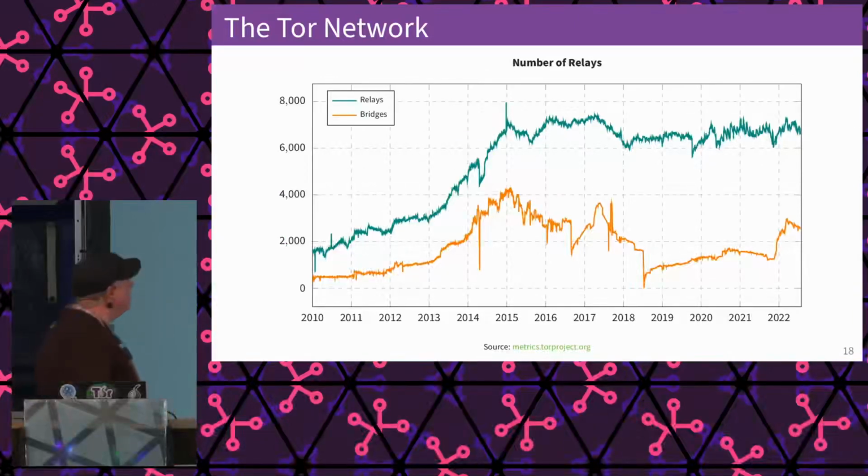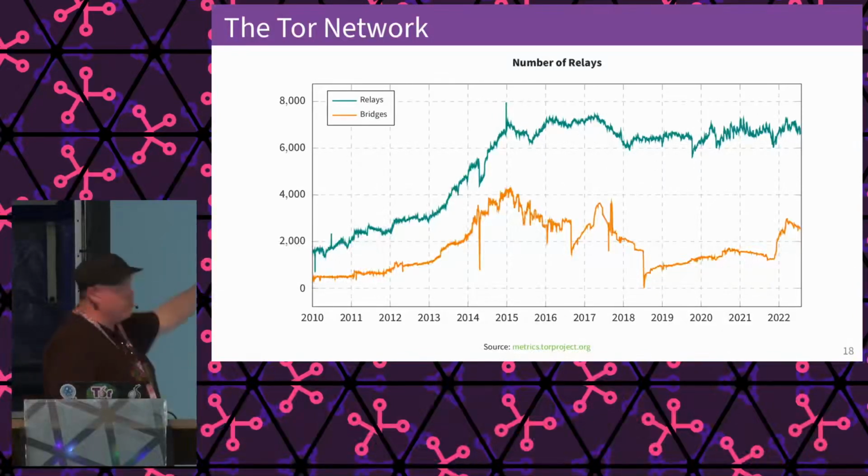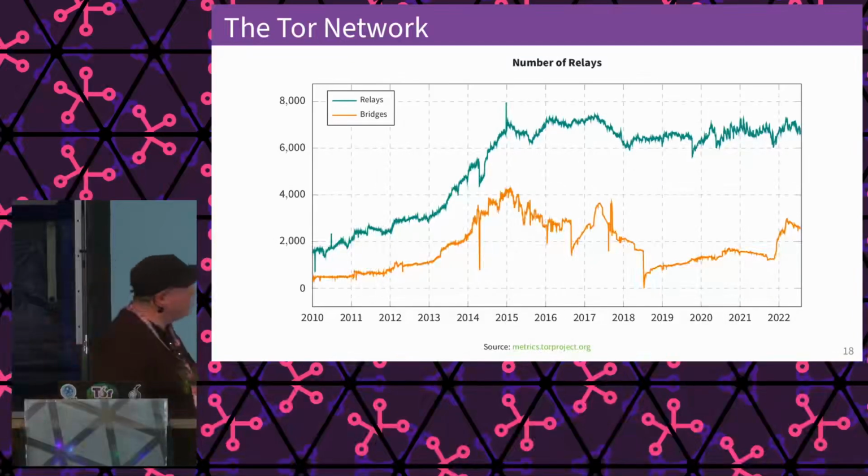If we take a look at the number of relays over time, we can see that specifically after the Snowden revelations in the summer of 2013, we see the curve going up, and then it's reaching a plateau where we are today. The bridges are a little bit more flaky, but we recently ran a campaign to get more bridges.